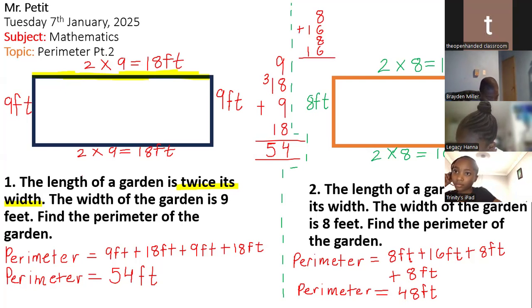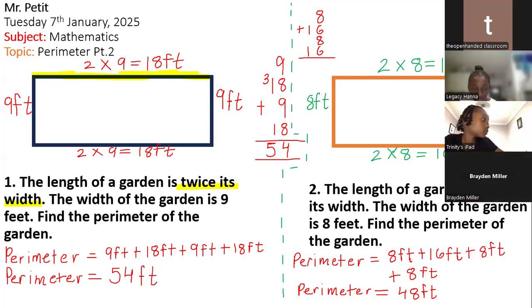Then we have 24 plus 16, which is 40. Let me do it again. 8 plus 16 is 24. 24 plus 8 is 32. Then 32 plus 16: put the 8 down, put the 4 up.